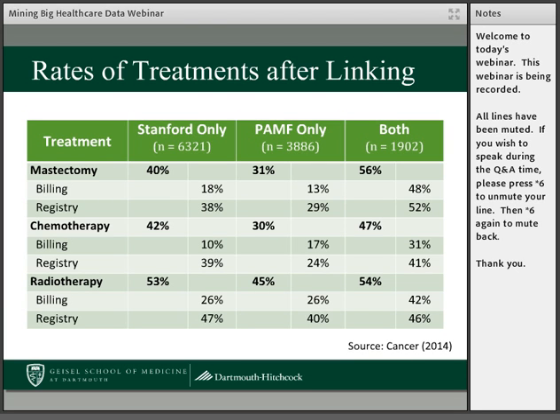This is a paper that was published last year in Cancer, looking at the use of linking data between systems to reveal patterns of care. And again, what's surprising is the fact that the patients who went between both systems ended up using more care in general. And as this project, the OncoShare project, also included a qualitative aspect of research to it, where we did focus groups with the patients to try to understand what factors were driving their healthcare decisions.